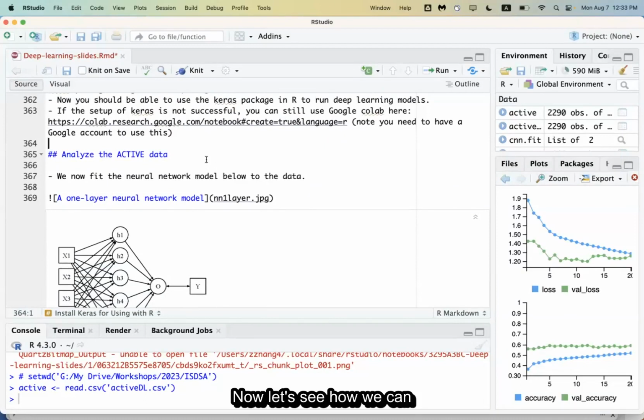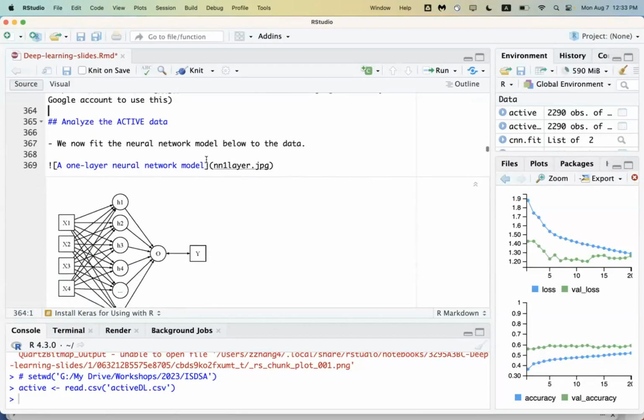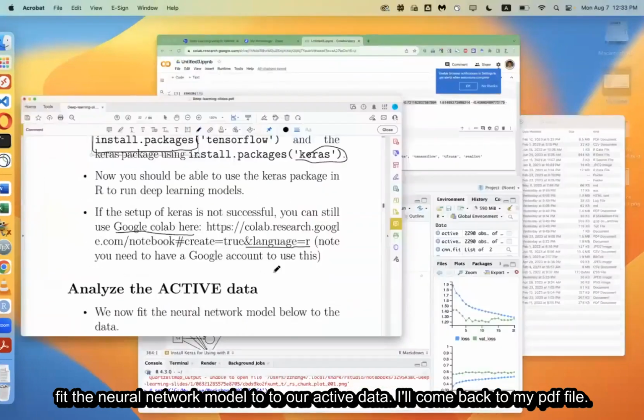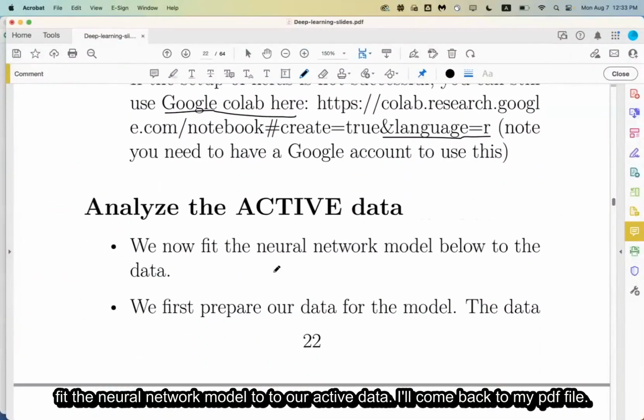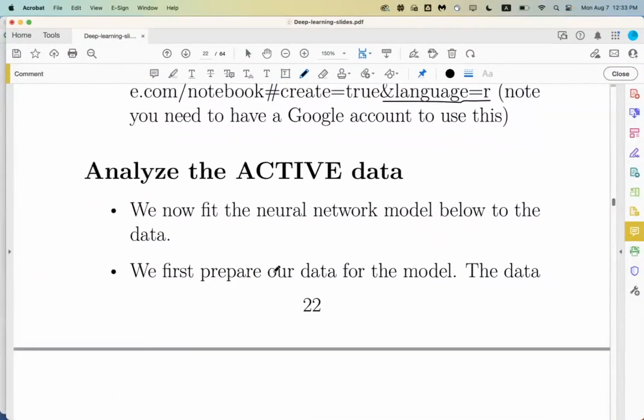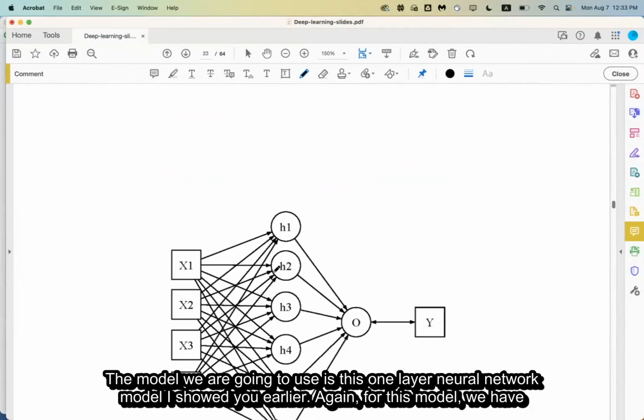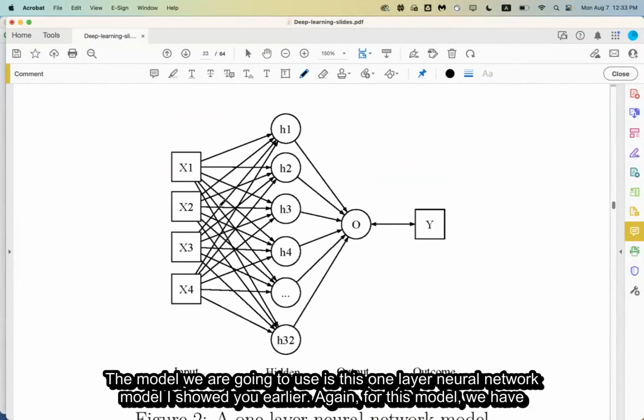Now let's see how we can fit the neural network model to our data. I'll come back to my PDF file. The model we are going to use is this one-layer neural network model I showed you earlier.